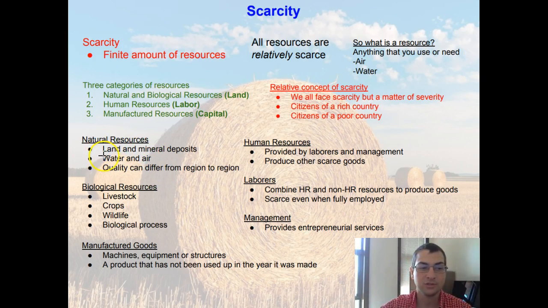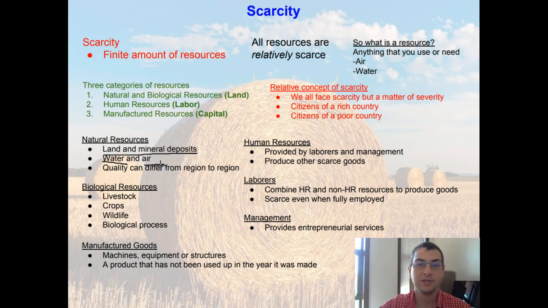Natural resources are items such as land and mineral deposits. Could also be water and air. These are all items that were basically here on Earth that we just either mine up out of the ground or utilize, and they're often considered both renewable and non-renewable resources.